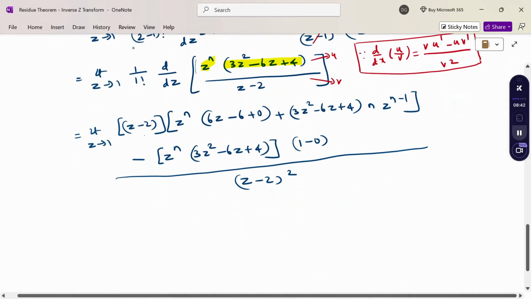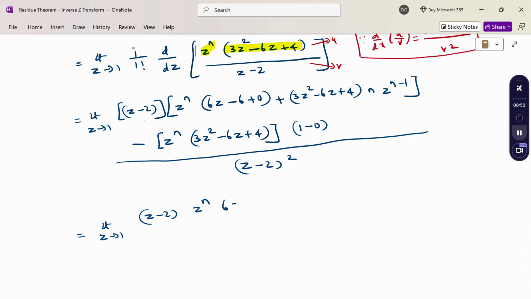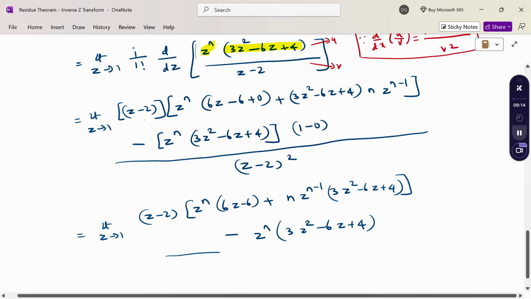So for the simplification, limit z tends to 1, z minus 2 into z power n into 6z minus 6, plus n z power n minus 1 into 3z square minus 6z plus 4. This is a term, then minus z power n into 3z square minus 6z plus 4, whole divided by z minus 2 square.